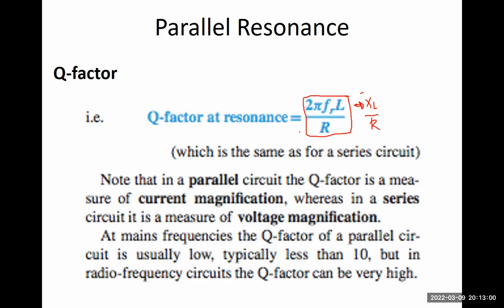At mains frequency, the Q factor of a parallel circuit is usually low, typically less than 10. But in radio frequency circuits, the Q factor can be very high.